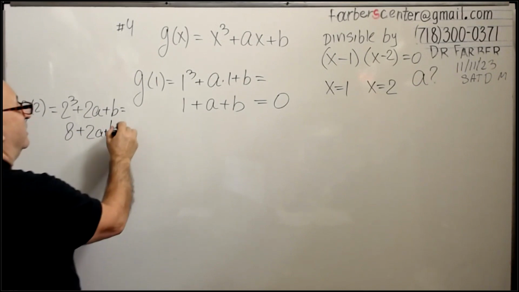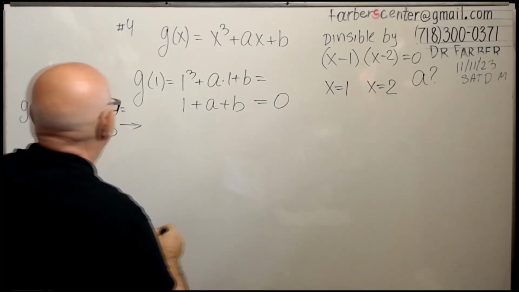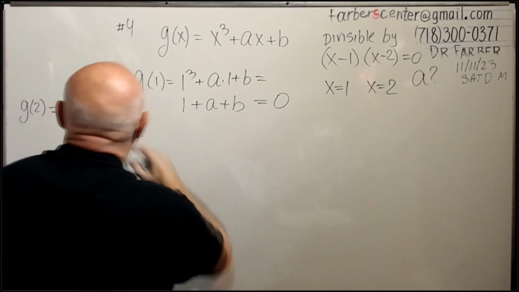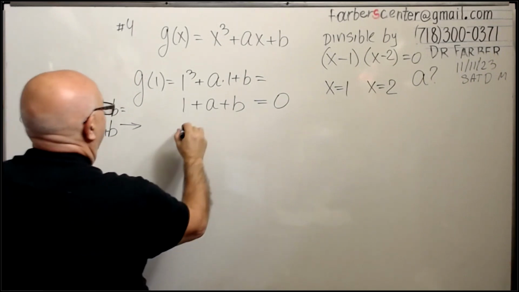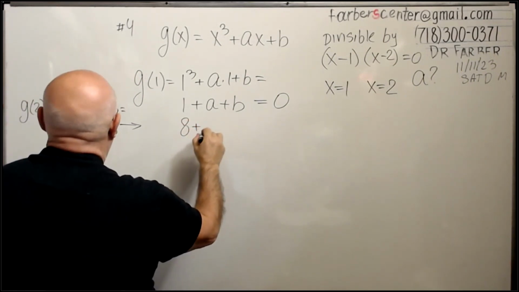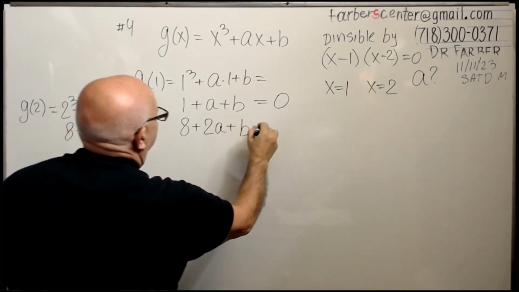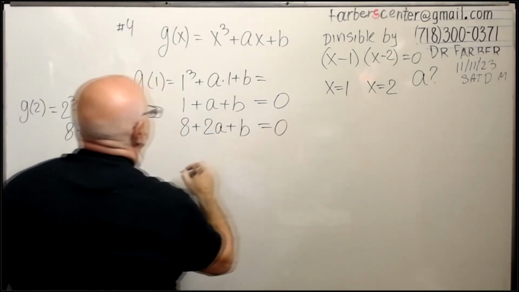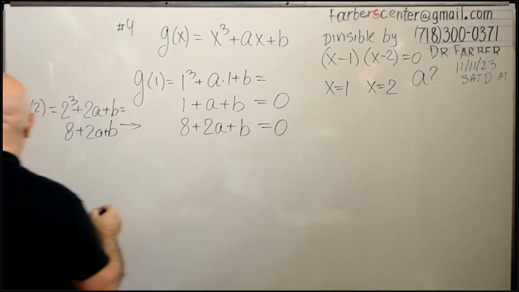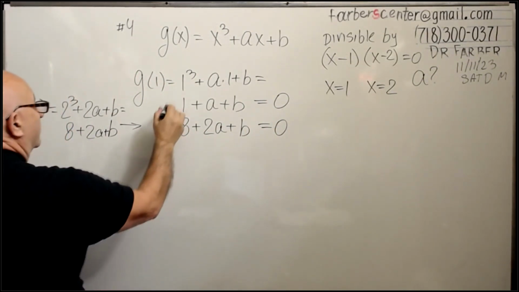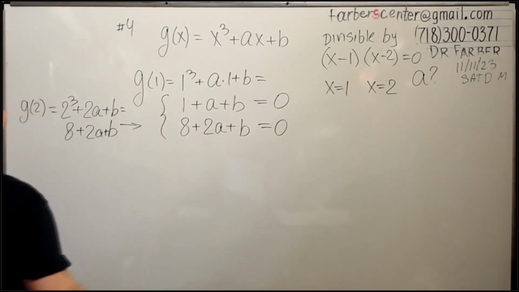And now I write it lined up straight over there. 8 plus 2a plus b is also equal to 0 because of the factor theorem. And this is a system of equations. So far, so good.